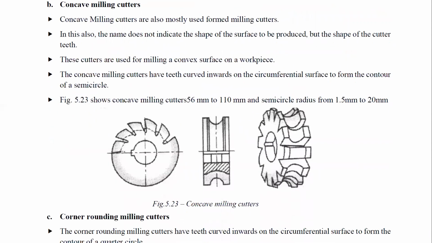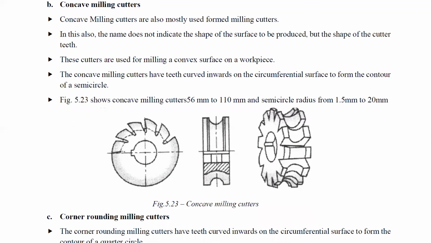Concave milling cutters. Concave milling cutters are also used as form milling cutters. In this also, the name does not indicate the shape of the surface to be produced, but the shape of the cutter teeth. These cutters are used for milling a convex surface on the workpiece.